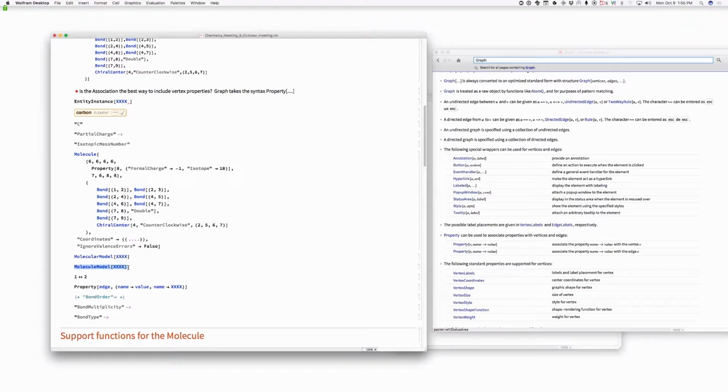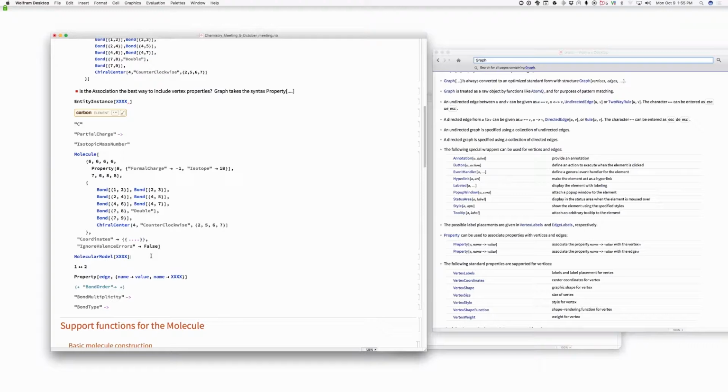Just checking. So should it be molecular model or molecule model? Molecular model sounds better probably, although it has a certain resonance with those things made of wood and sticks and so on. But it's not too dissimilar. Exactly. Okay, fair enough.